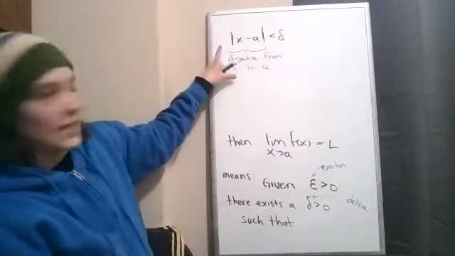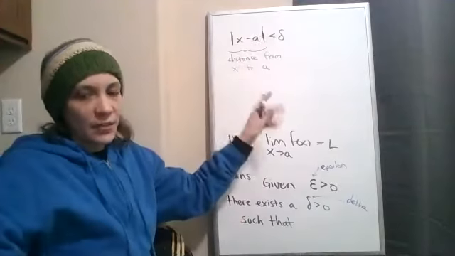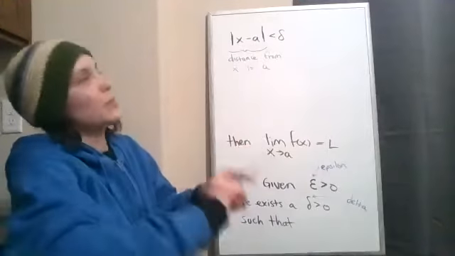So when we get the distance between x and a less than delta, we will have the distance between f of x and L less than epsilon.